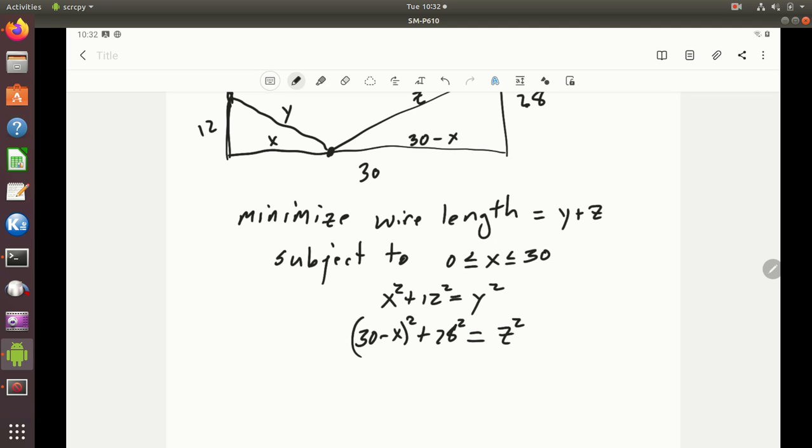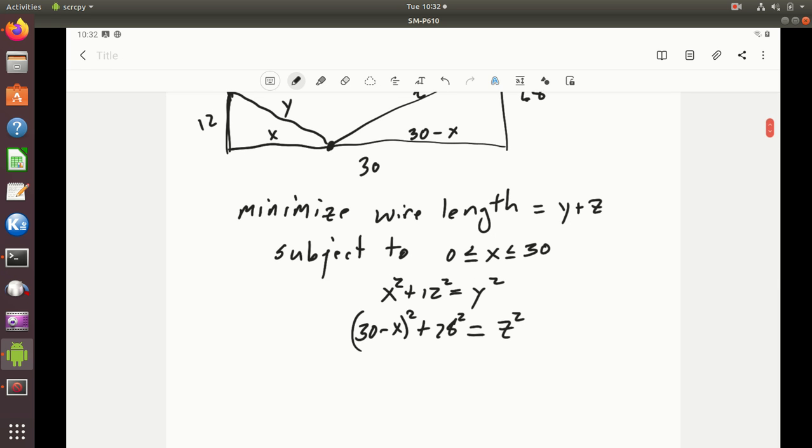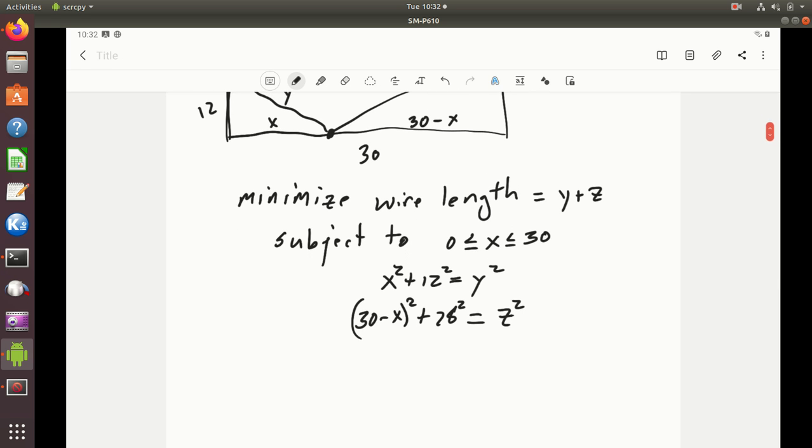Now the question is, can we get away, like we did in example 2, with just using the squares? I don't think so.